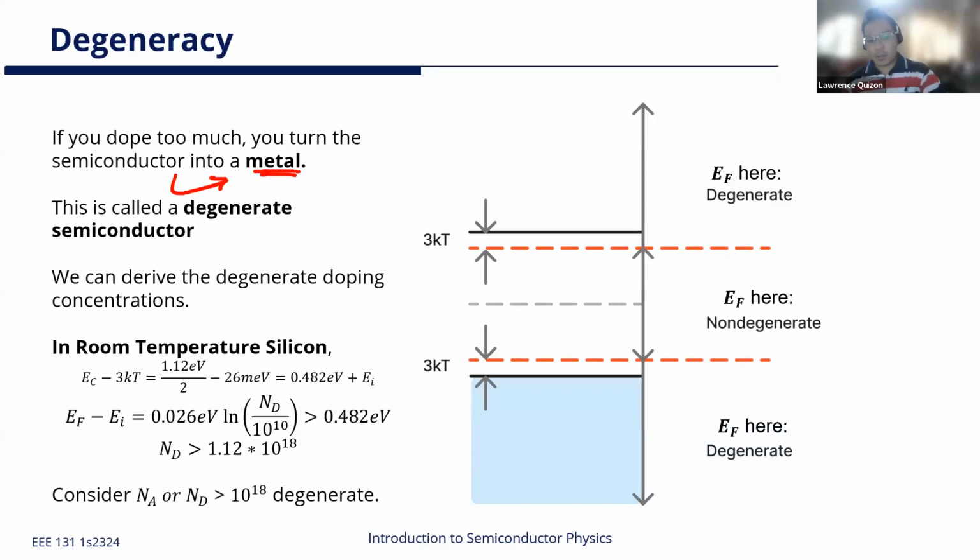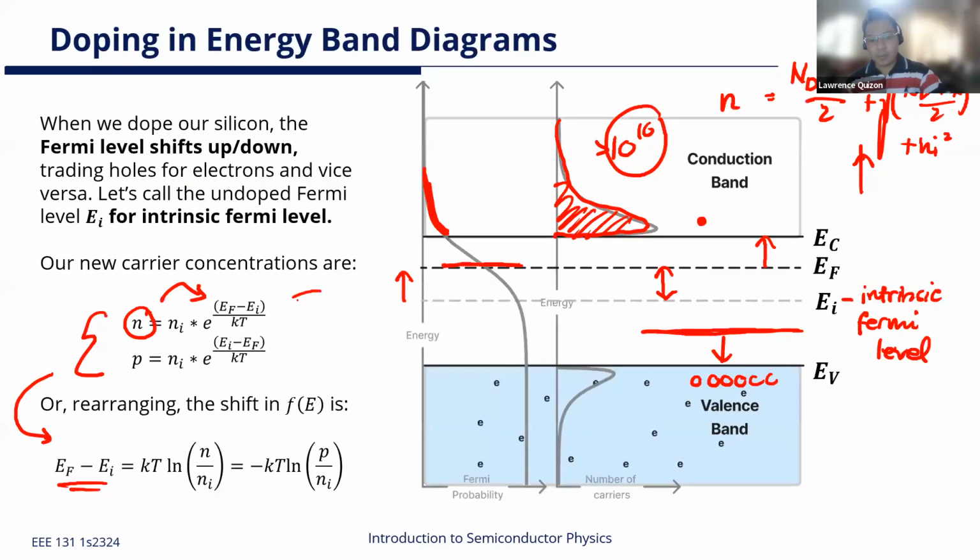And the equations that we've talked about, especially kT ln(N over Ni), the ratio of the current number of electrons over the intrinsic concentration, which is 10 to the 10, would not hold once the material is degenerate.